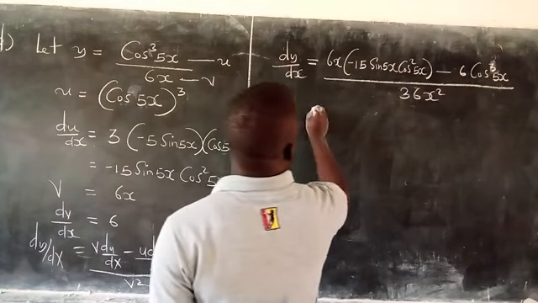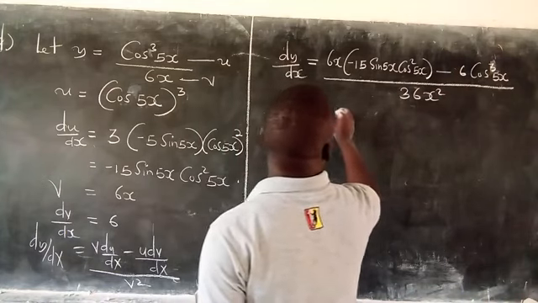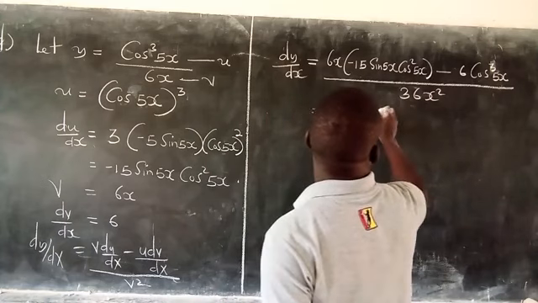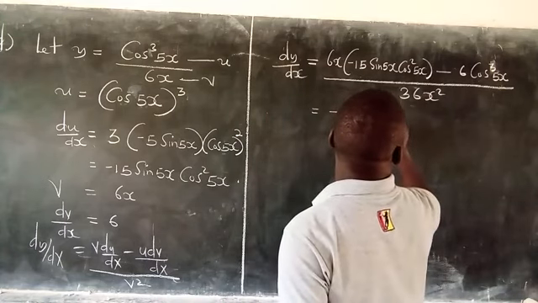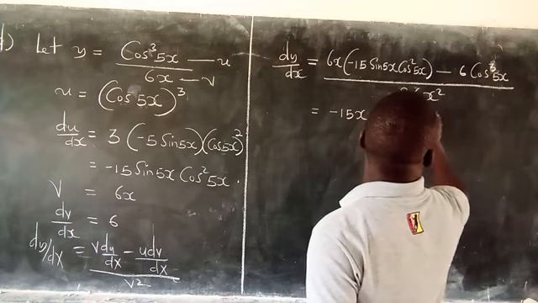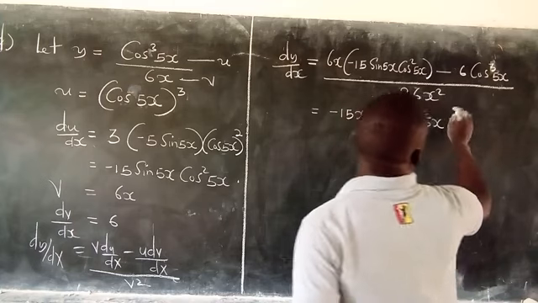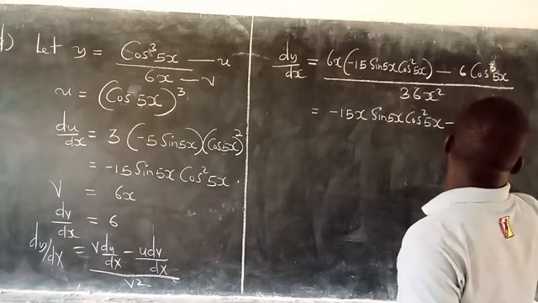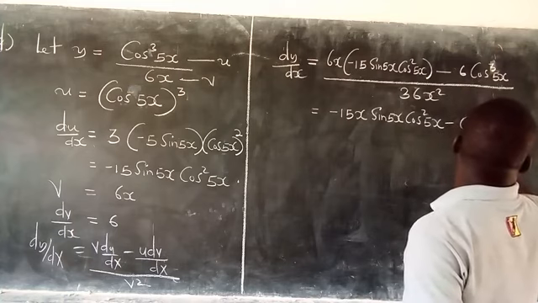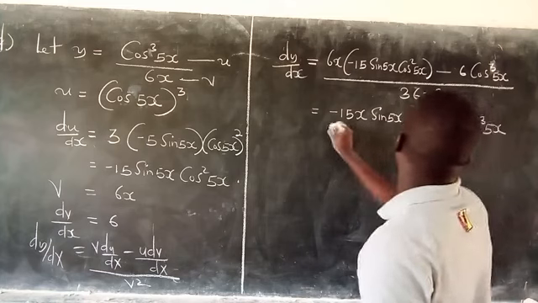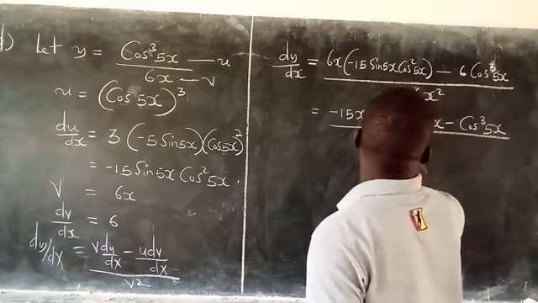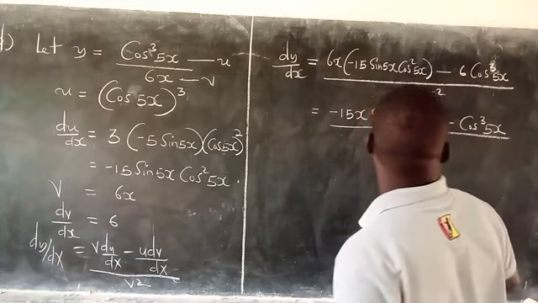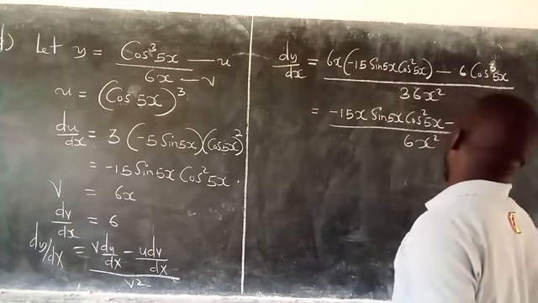So it means I can now open my bracket by saying minus 15x sine 5x, then cos square of 5x, minus the 6 I am now looking at it to have cancelled. So this is cos cube of 5x. All this divided by, now we have a 6 here because we reduced 36 with 6. So that will be 6x squared.